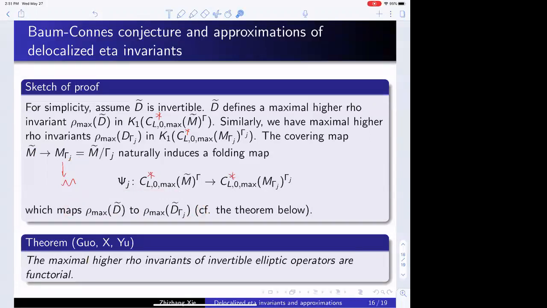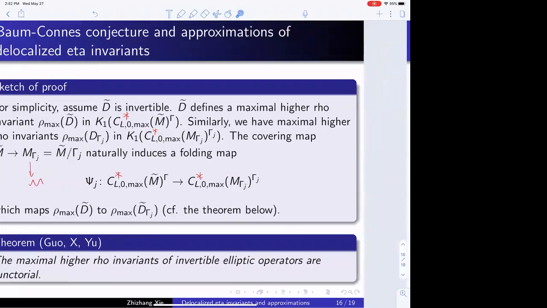It just means the maximal higher rho invariants for these invertible elliptic operators are functorial. This is the counterpart for secondary invariants of the classical functoriality for the maximal higher index.